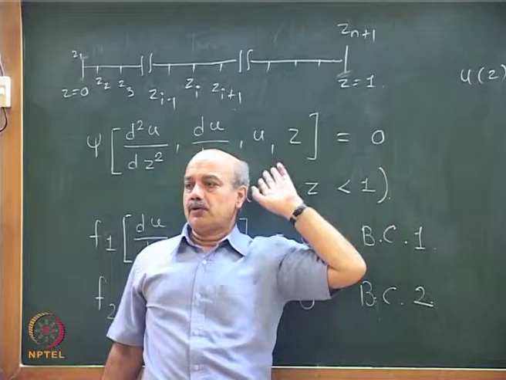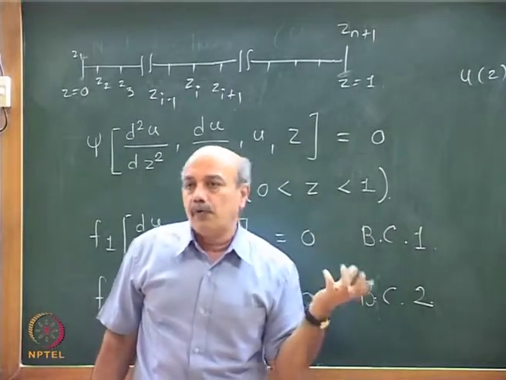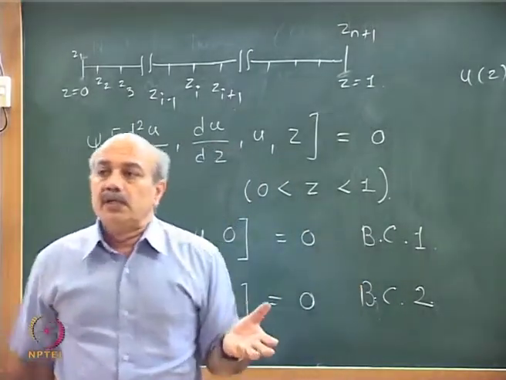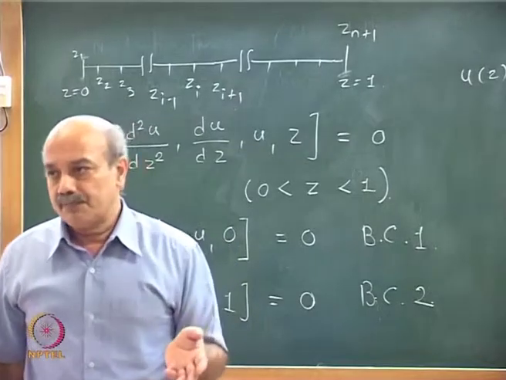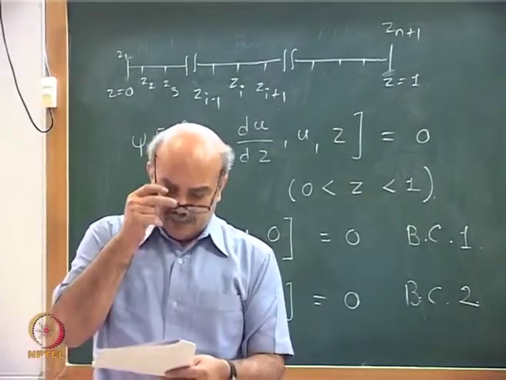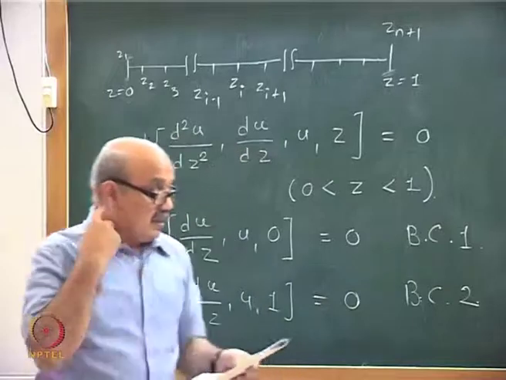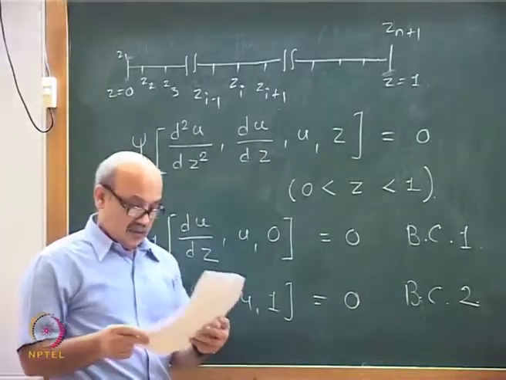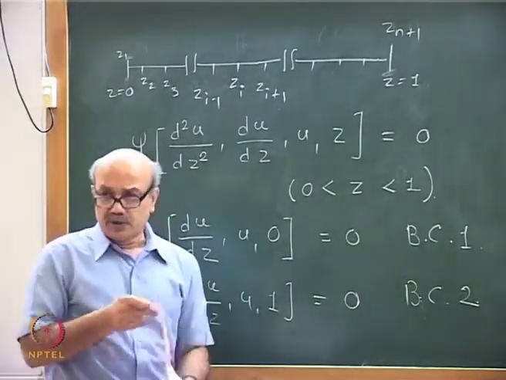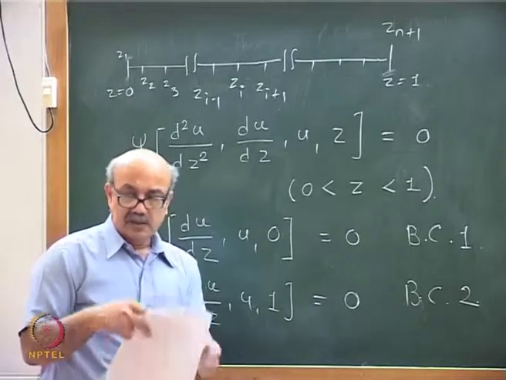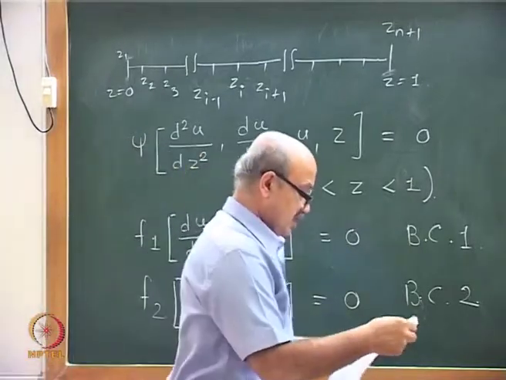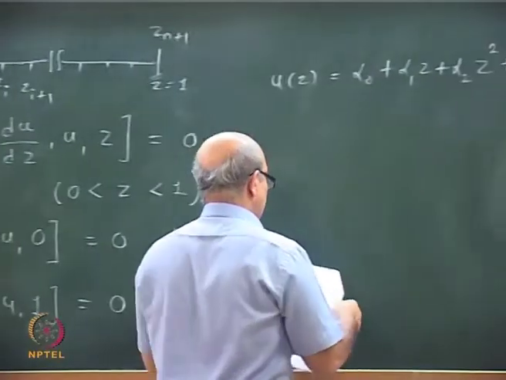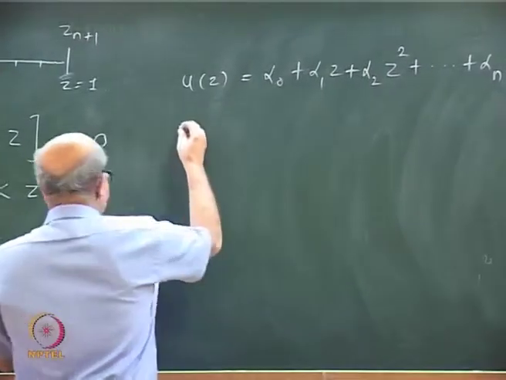These collocation points are going to be chosen at the roots of shifted Legendre polynomials, which are given in the lecture notes. So I'll just list them here.